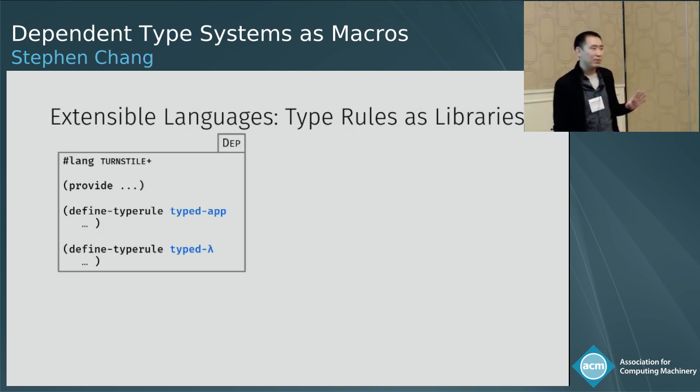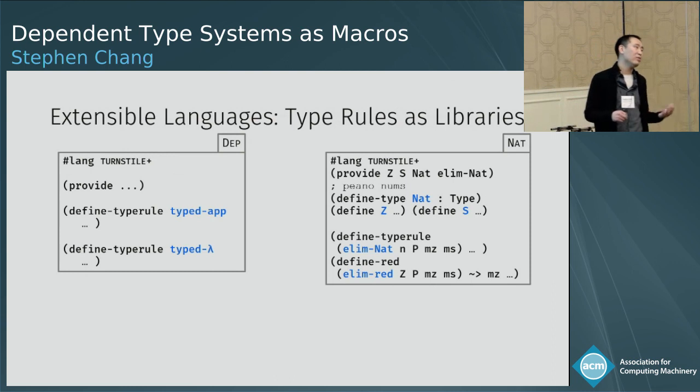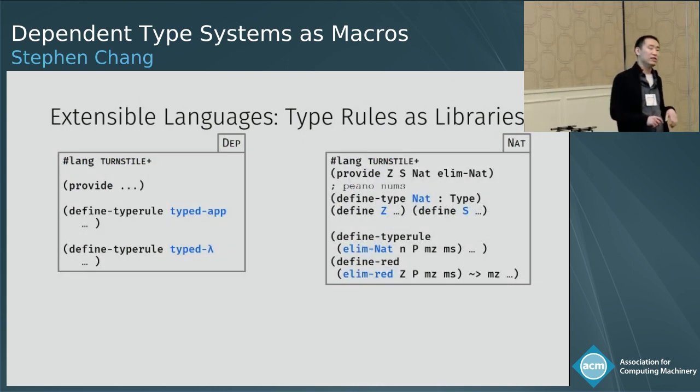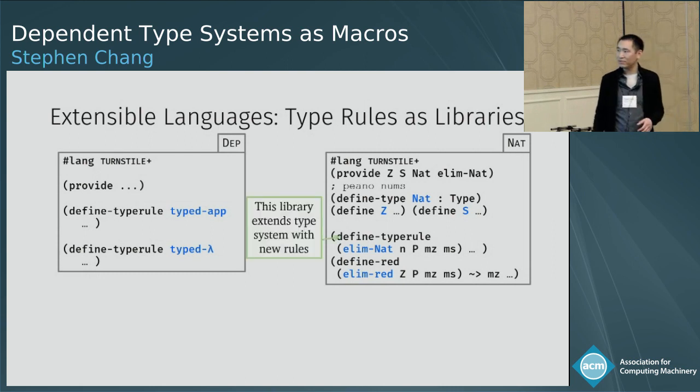Here's the same dep language, and now let's say we want to extend the language with natural numbers. All we have to do is create a new module, and in this module, we implement natural numbers in the usual way. We have a nat type and the 0 and successor constructors. And we also have a new type rule that eliminates nats and a reduction for this eliminator.